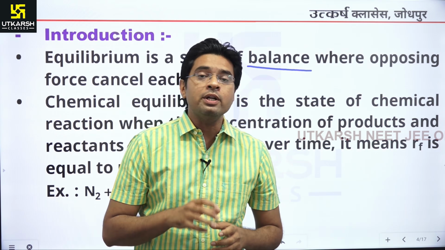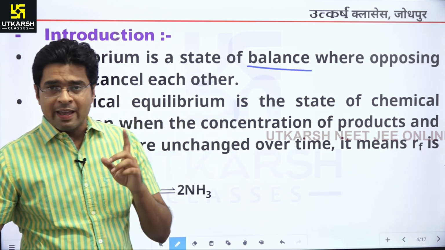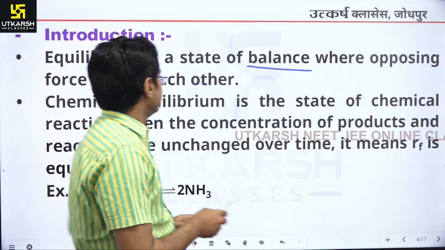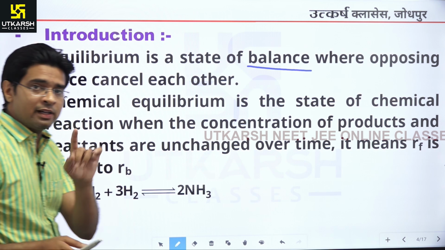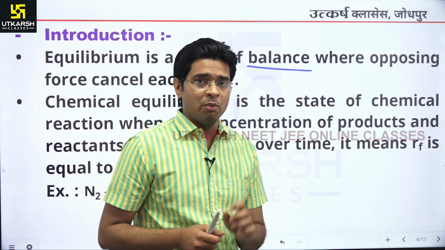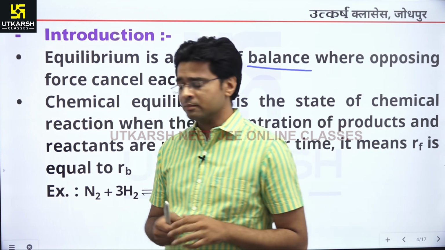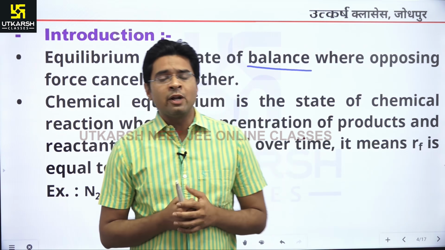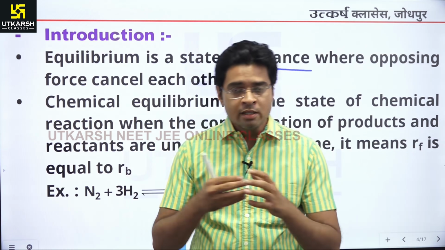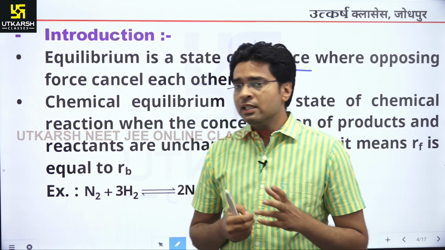Now the question arises, what is chemical equilibrium? Chemical equilibrium may be defined as the state of a reversible reaction. The important thing here is that equilibrium is possible for a reversible reaction only. As we all know, a reversible process takes place in both directions, forward as well as backward.